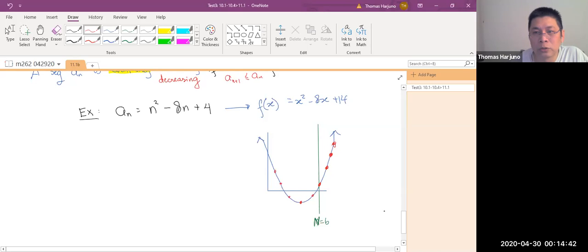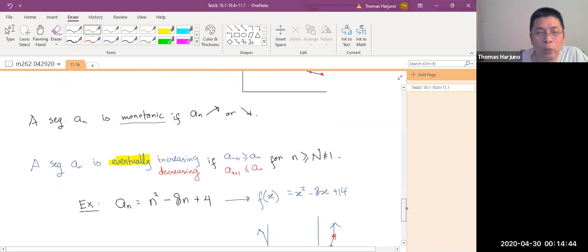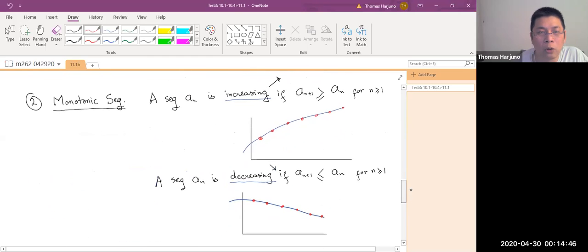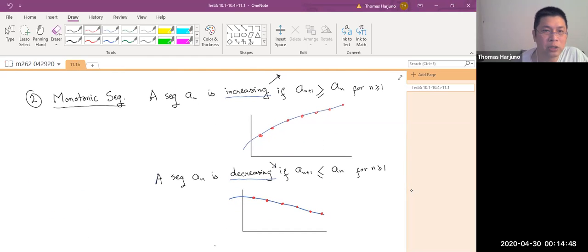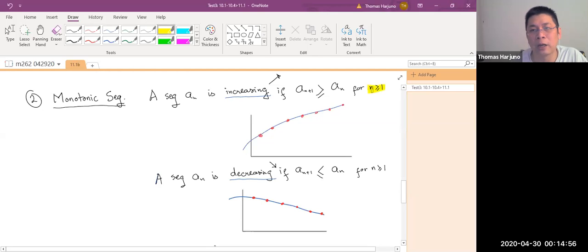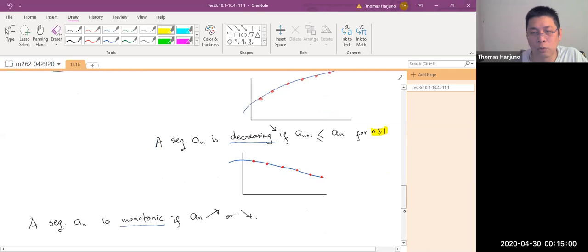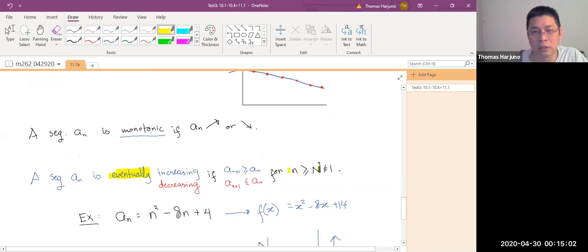So what we will do later on when we talk about monotonic sequence, even though our textbook seems to insist on increasing or decreasing from the very beginning, from n equals to 1, it's actually not necessary.